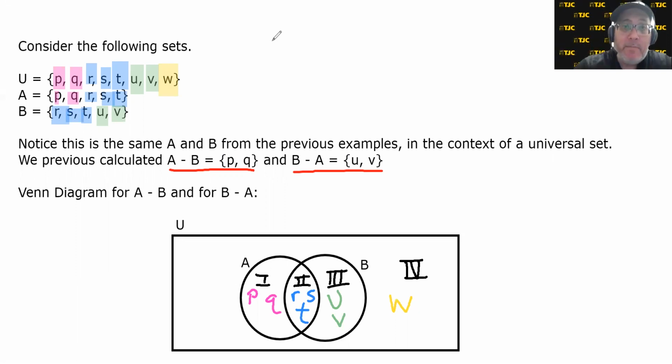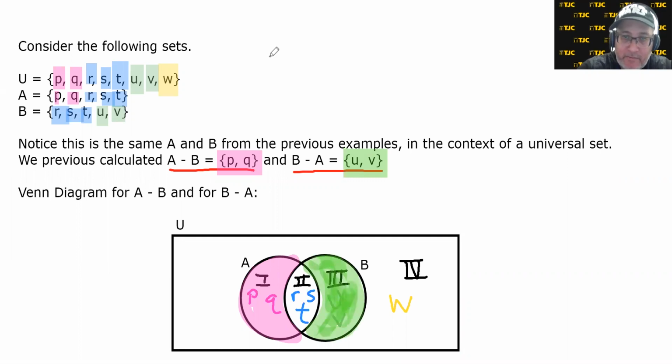How? Because A minus B were the letters P and Q only. And which region contains P and Q? Region 1. B minus A contained U and V. And which region contains U and V?